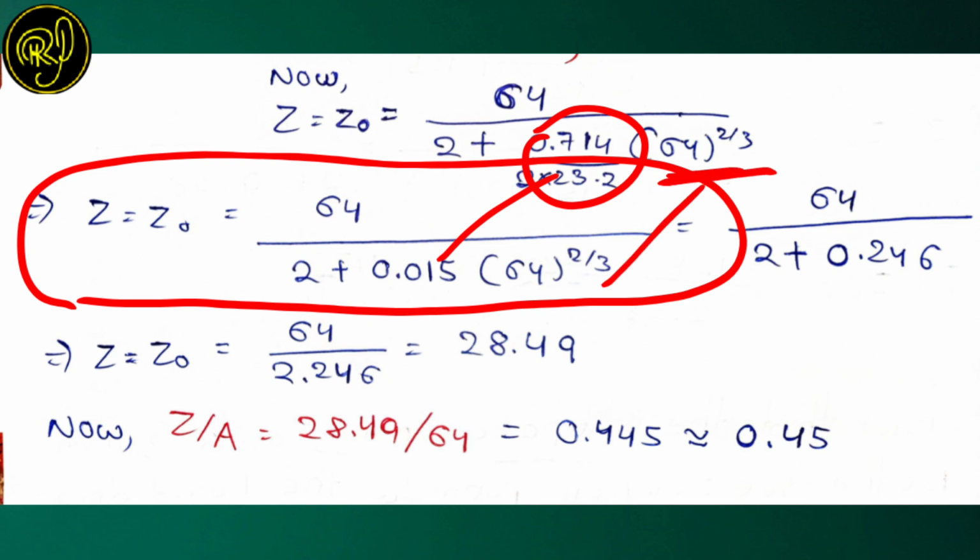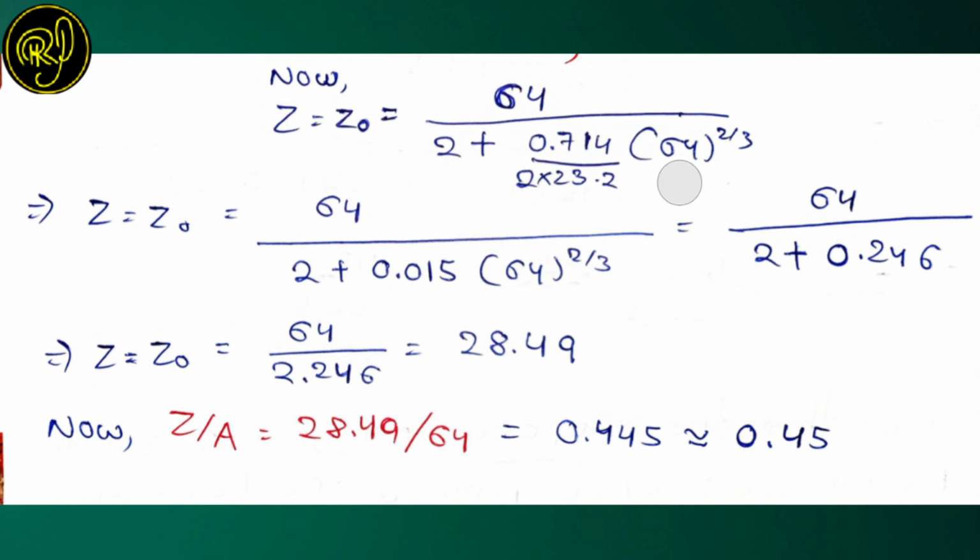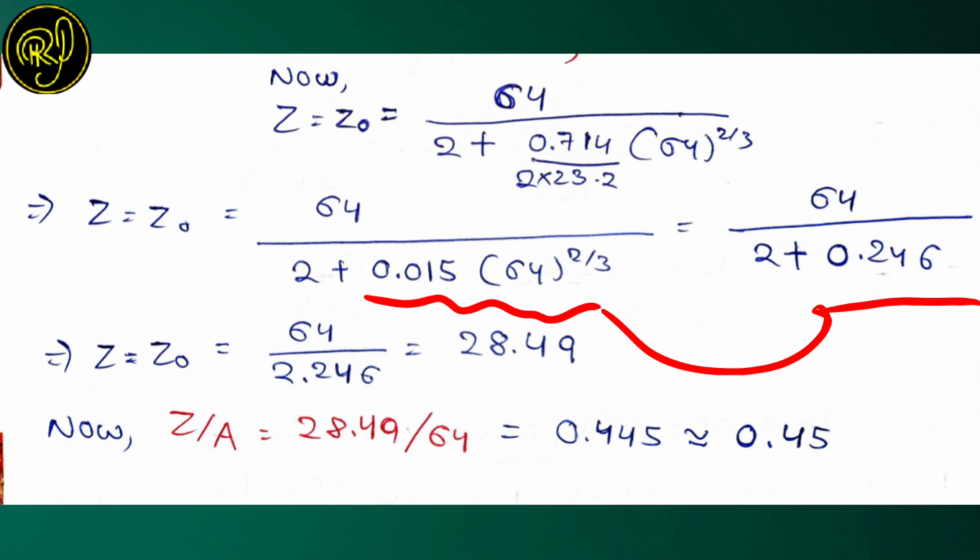Now what you will do, you will put all these values in your scientific calculator. In your CSIR NET examination, there is a virtual calculator on your screen, so you can use that to calculate easily and very quickly. Okay, so if I calculate that, then I am getting 0.246, meaning 0.015 multiplied with 64 to the power 2 by 3 comes out to be 0.246.